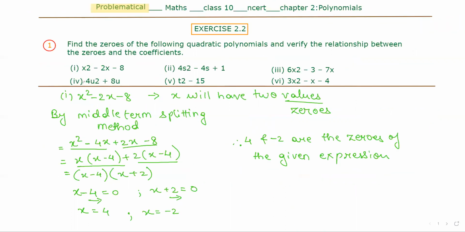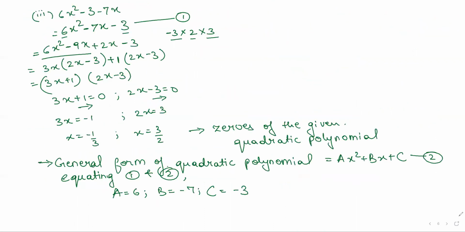Next, the fourth value is 4u square plus 8u. If you can observe, the third term, which is the constant term, is missing. So you need not require the middle term splitting method to get to the values of u.